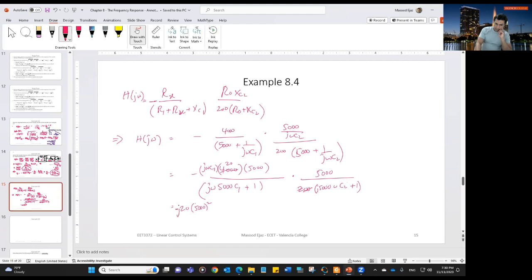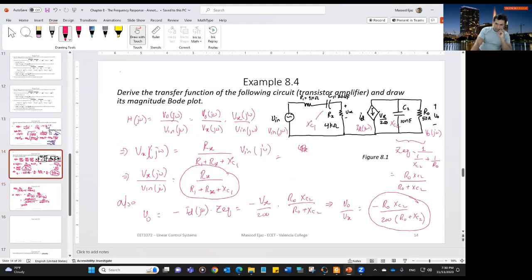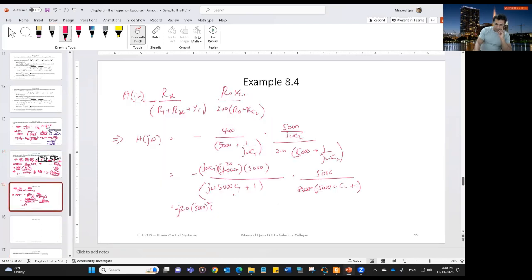So negative j, what was that? 20 microfarad, that's going to be 20 exponent negative 6 times omega.